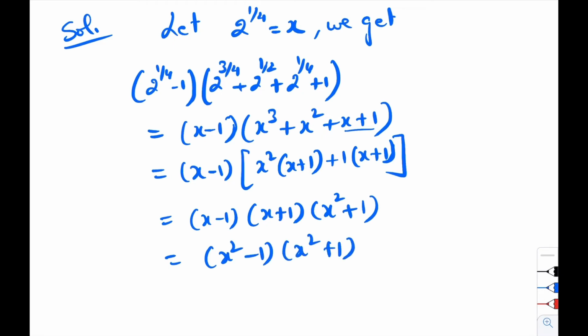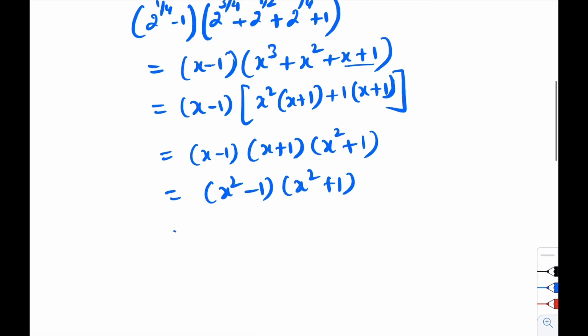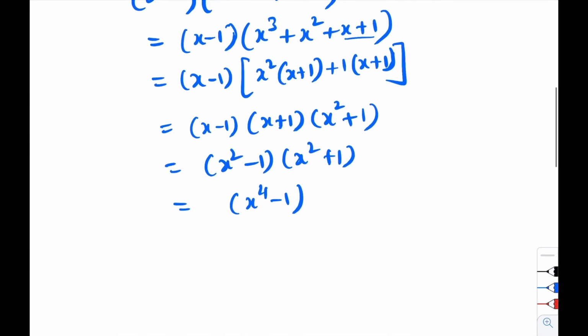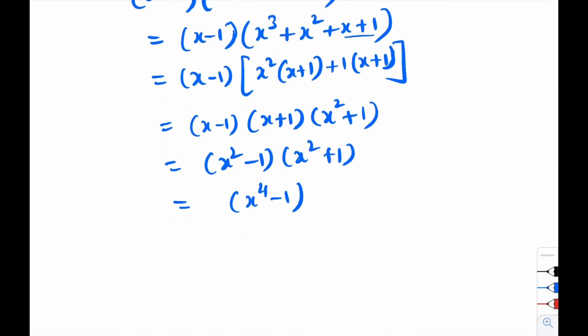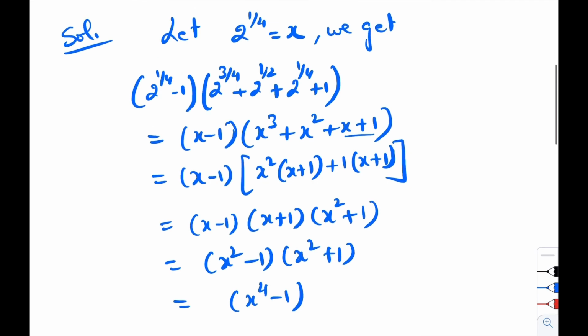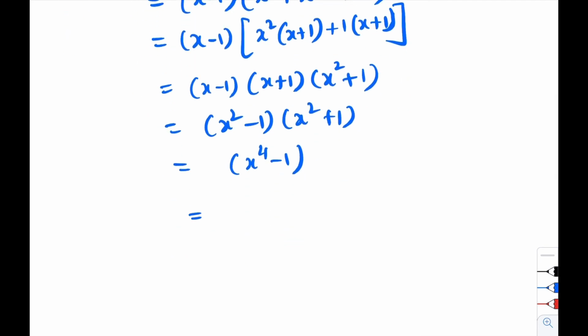Now again combine both two factors, we have x to the power 4 minus 1. Now substituting the value of x, our x is 2 raised to the power 1/4. Now here substitute x equal to 2 raised to the power 1/4, power 4 minus 1.